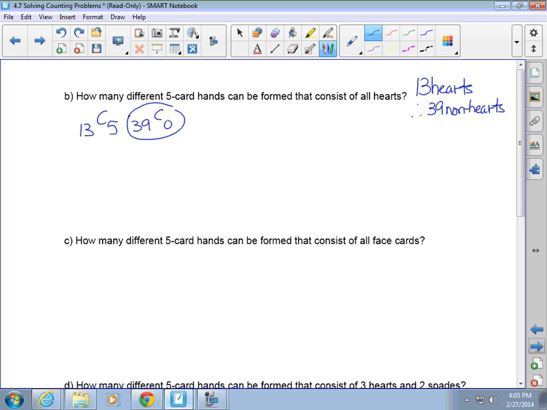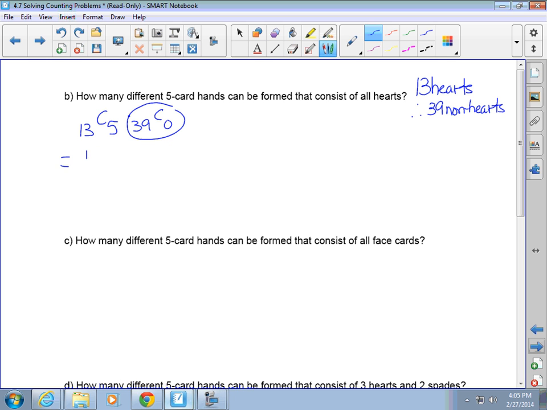Because 39C0 is just saying 39 factorial over 0 factorial times 39 factorial. So it's really just 39 factorial over 39 factorial. It's just a good idea when you're doing these to include this, so when you're doing the other questions, you remember that you have to pull your remaining cards. If this had been a 4, we'd have to choose 1 from the other 39.